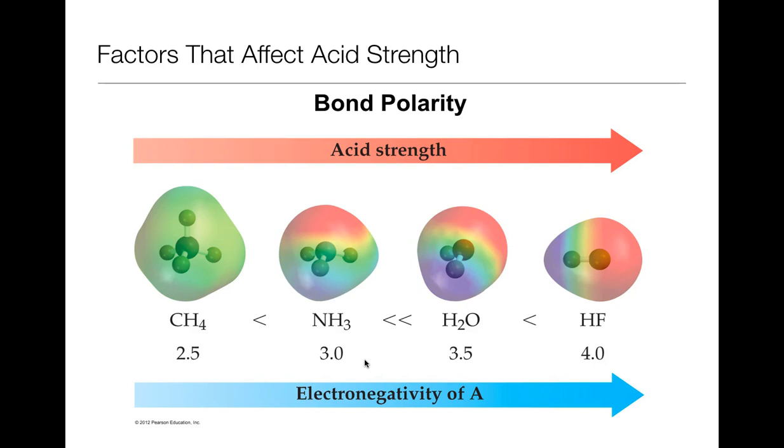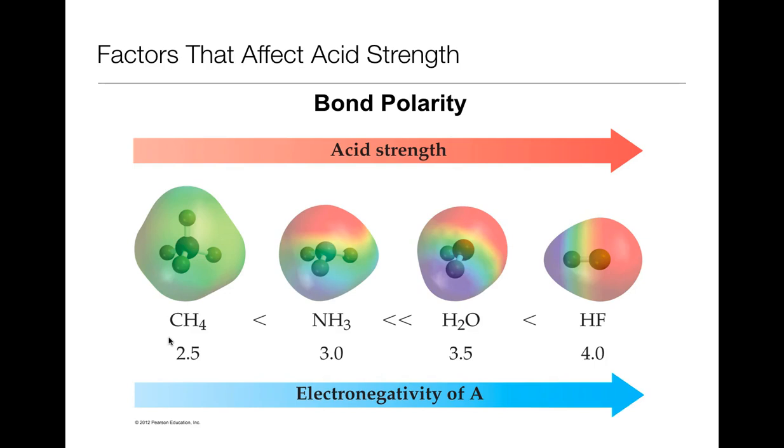And that makes sense, right? So when you have CH4, which is methane, it's basically a non-acid. Methane is not acidic. You have basically equal sharing of the bonding electrons, so it's a pretty low electronegativity difference between the carbon and the hydrogen. Very low acid.